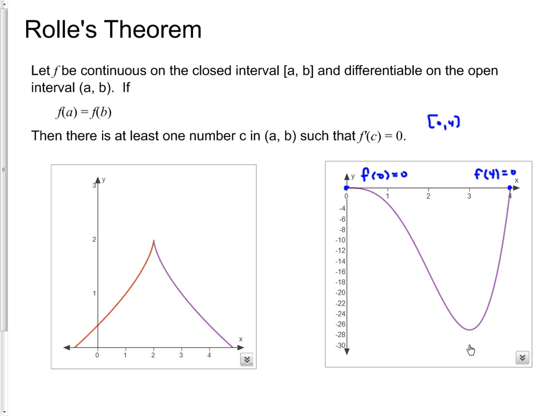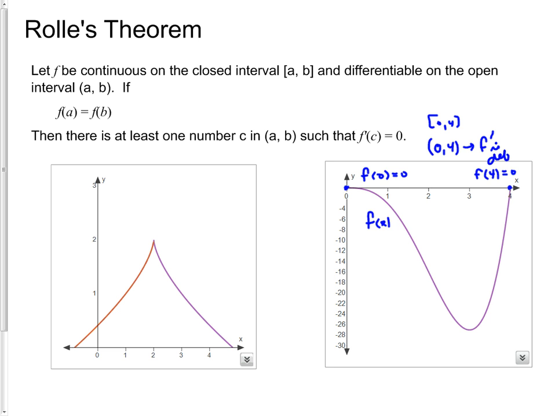It is the kind of function that just has a nice, smooth, continuous curve. And f of x is defined on this curve in such a way that on the interval from 0 to 4, its derivative exists. It's differentiable. So f prime is defined here.